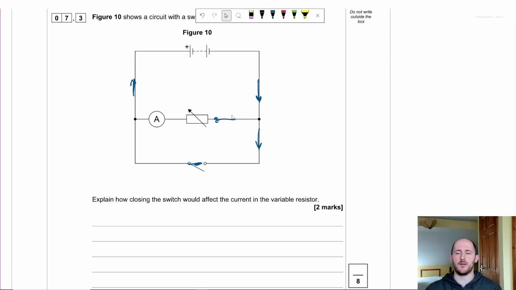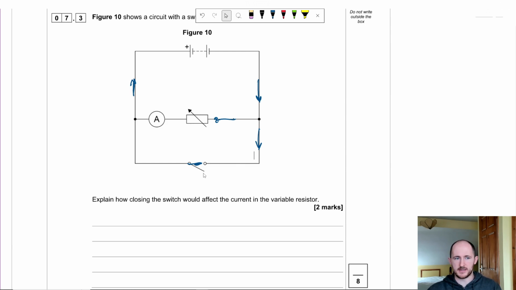Now, how do we tell how the current changes? Well, essentially, a current would go across the easiest path more. So in this case, because there is no resistance in this other loop, all of the electrons will go down the bottom path, because again, it's harder to go through the middle.